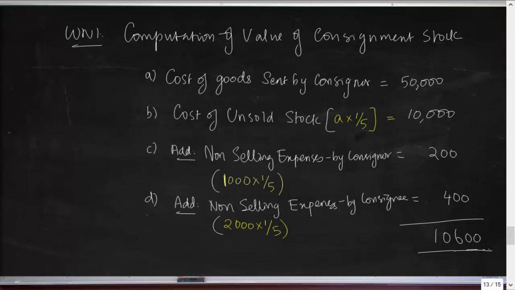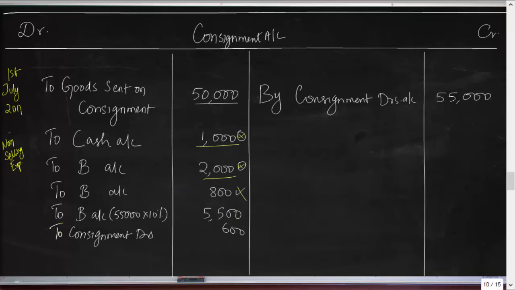Now we'll go to consignment account. In consignment account, on credit, we'll write by consignment stock, as per working note 1. It is 10,600. Fine.